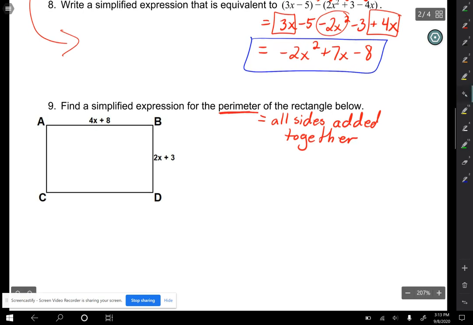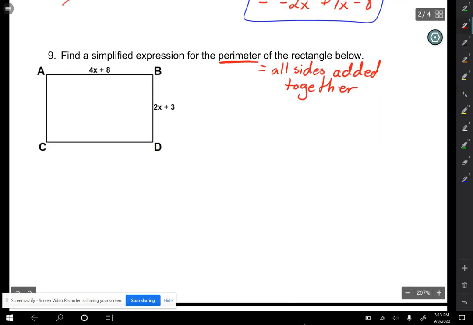But I know that if the top right here is 4x plus 8, then the bottom is also 4x plus 8. Same thing here. If I know the right side is 2x plus 3, I also know the left side is 2x plus 3.